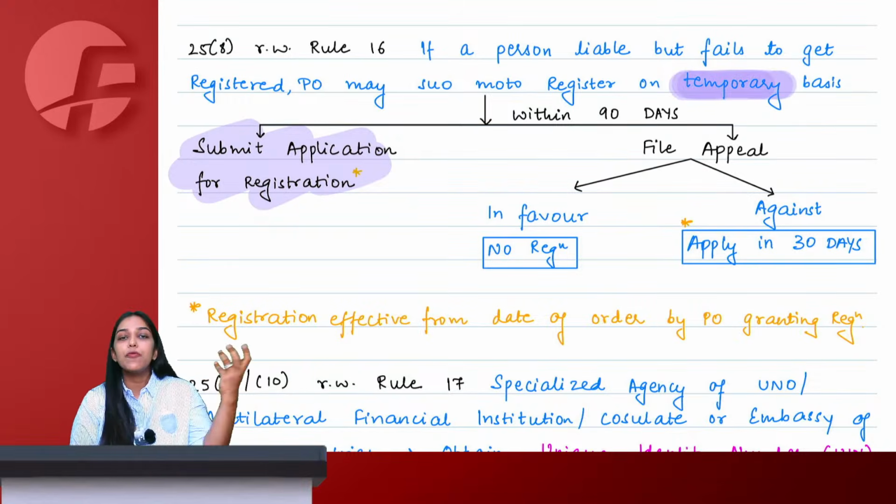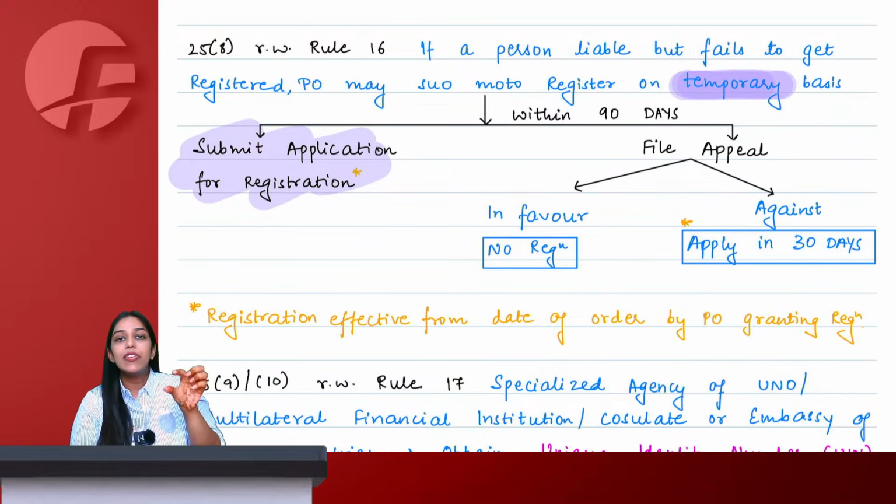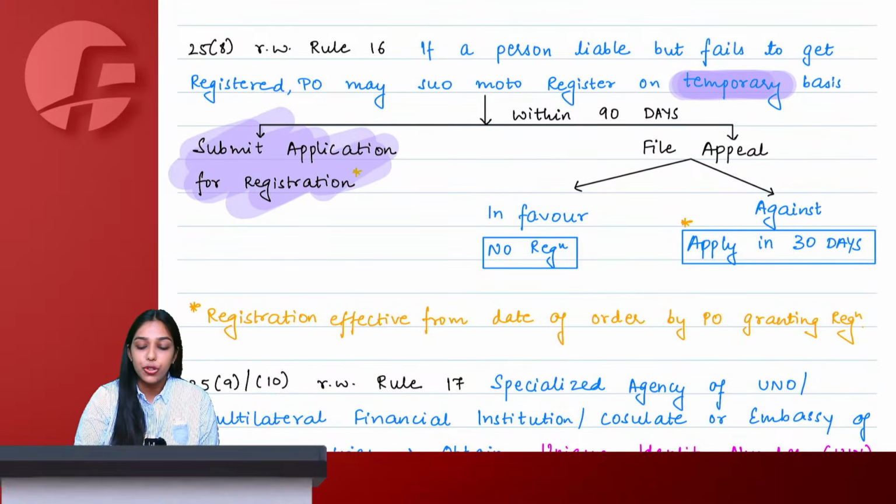They need all your documents for final registration. So within 90 days from this date, either you accept your mistake and you go to the portal and make a proper application.